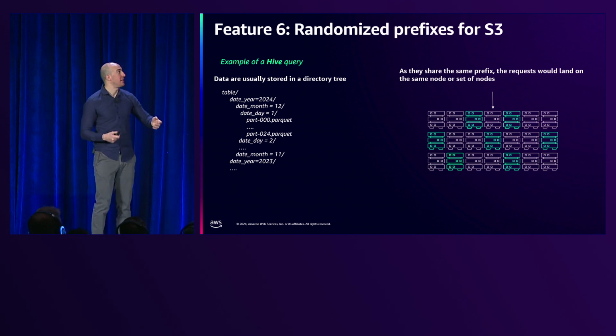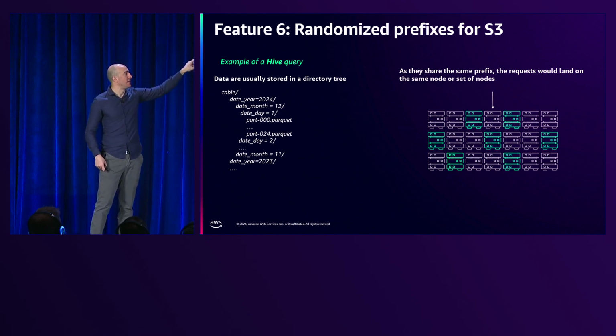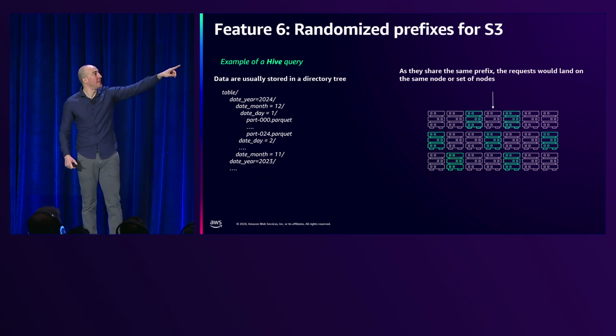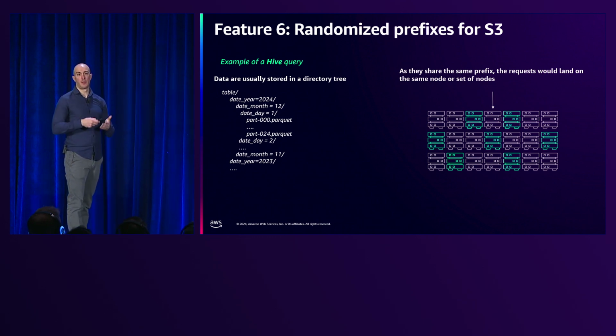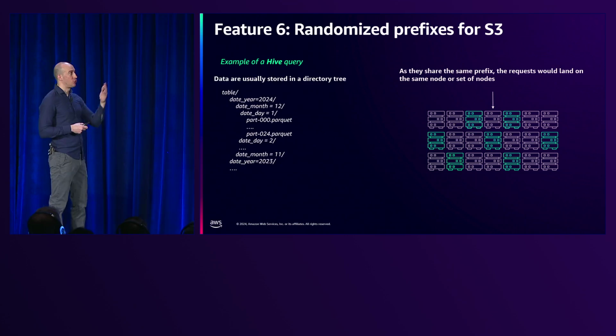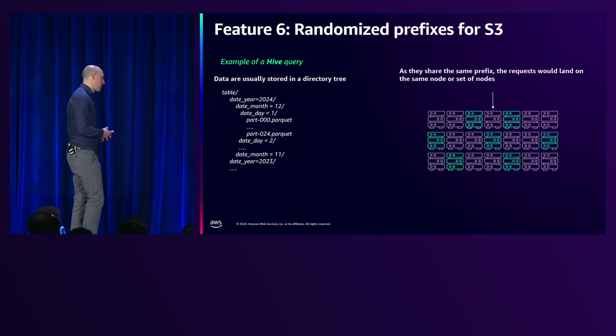And what happens is that for S3, because they share the same prefix, all the requests will land on the same node. And what happens is error 503, throttling, reduced performance.